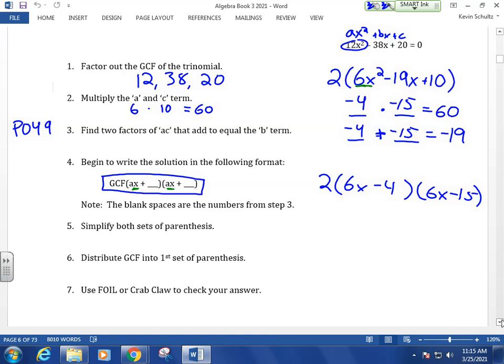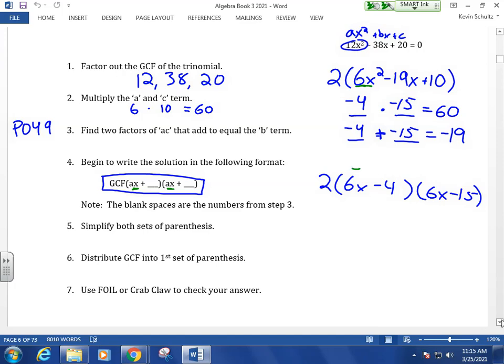So number 5, simplify both sets of parentheses. What I mean by simplifying is take out the greatest common factor of, in our first set, 6 and 4. How can we simplify 6 and 4? What's the greatest common factor of just 6 and 4? 2.